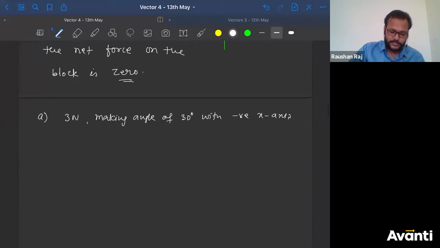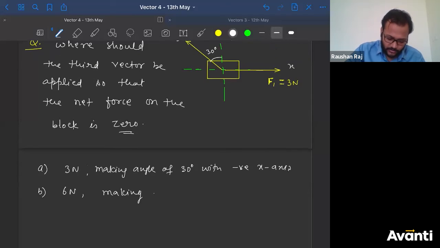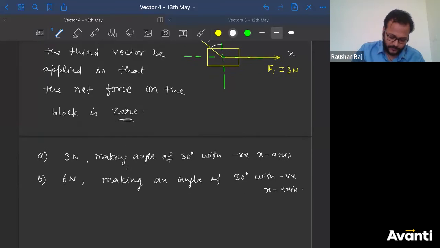Okay? चलो. Option B, 6 Newton making an angle of 30 degree with negative x-axis.